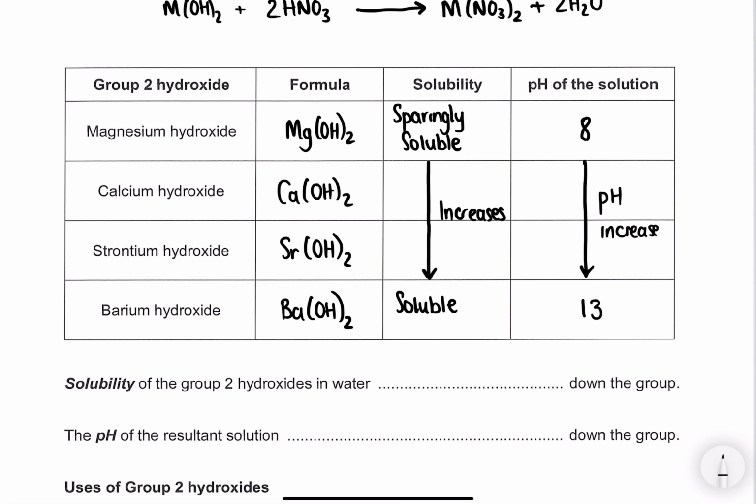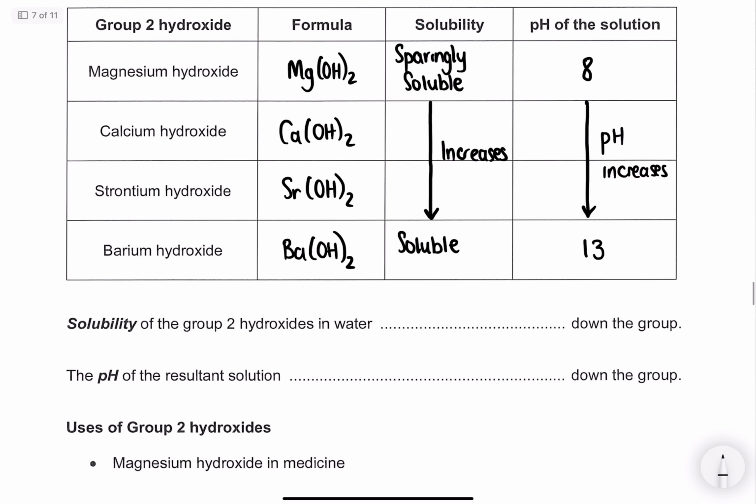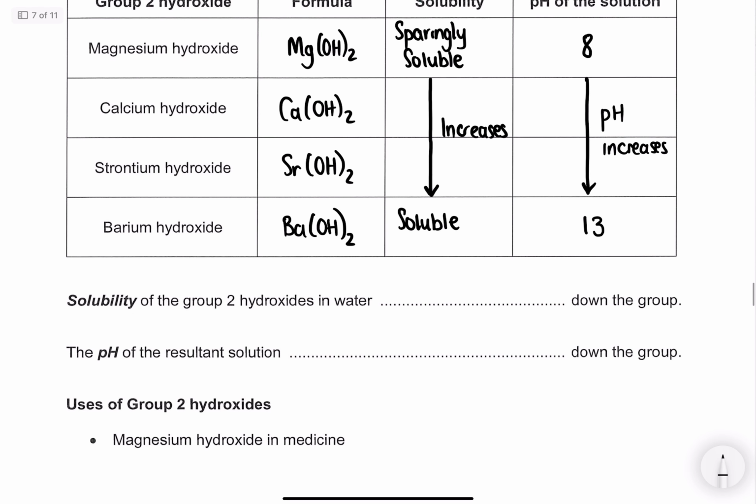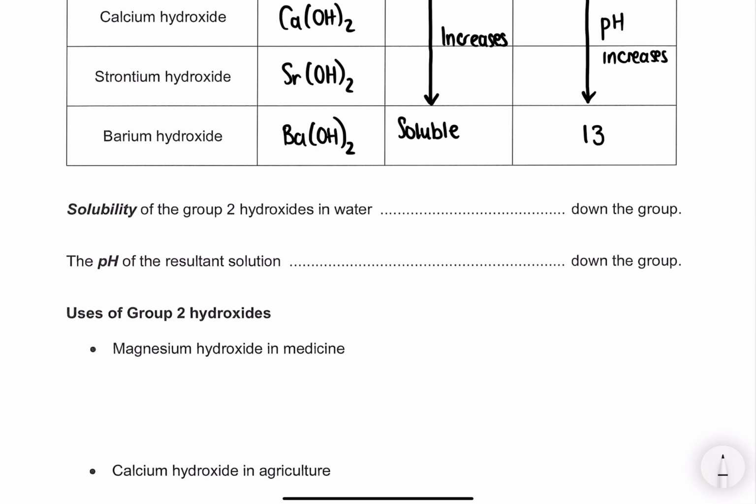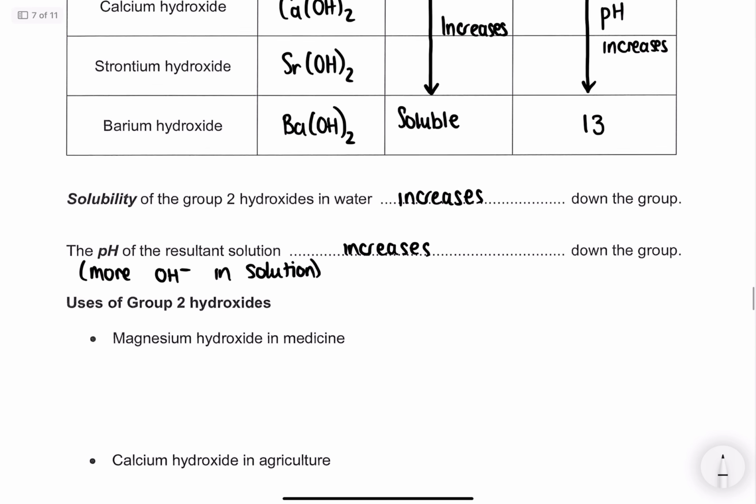So if we had to predict calcium, maybe we'd go 10 and then maybe 11 or 12 for strontium. So the solubility in water increases down the group, and the pH increases down the group as more OH- is in solution. The more soluble it is, the more of the hydroxide ions are in the solution.